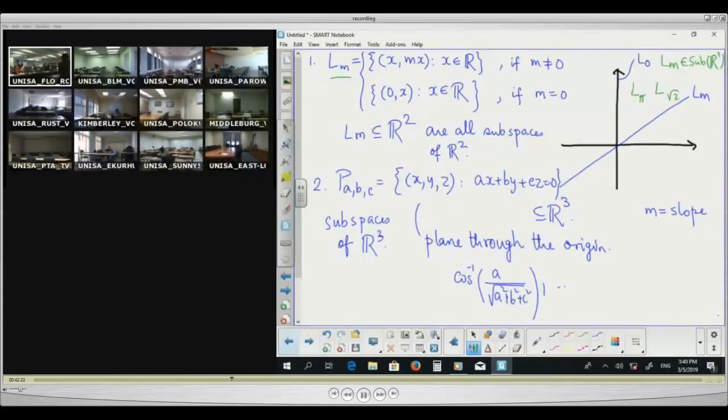Okay, so for each member, it could be very strange sets also, right? So just to say it in one word, we come up with this notion of indexed families.